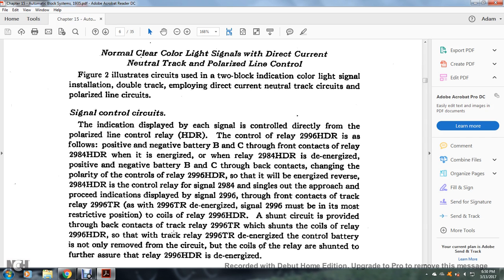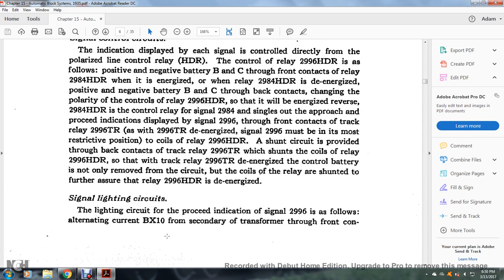The shunt circuits are provided through the back contacts of track relay 2996 TR, with the shunt across the coil of the 2996 polarized line control relay, so that when track relay 2996 TR is de-energized, the control battery is not only removed from the circuit but the coil of the relay is shunted to further assure the relay 2996 HGS is de-energized.